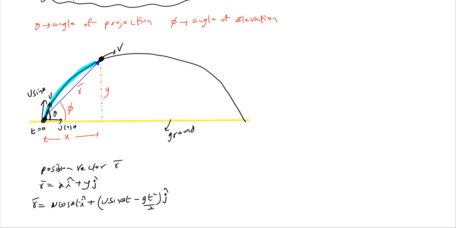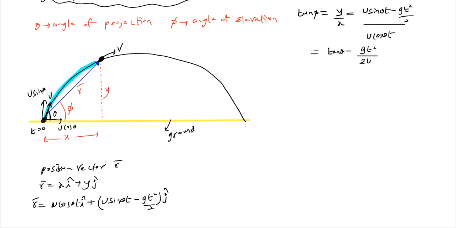How to define the angle of elevation? Again the same formula: tan phi equals y by x. What is y? u sin theta t minus g t squared by 2. What about x? u cos theta into t. This becomes tan theta minus g t by 2 u cos theta. So there's a relation between the angle of elevation and the angle of projection.